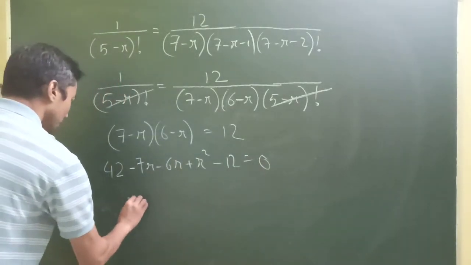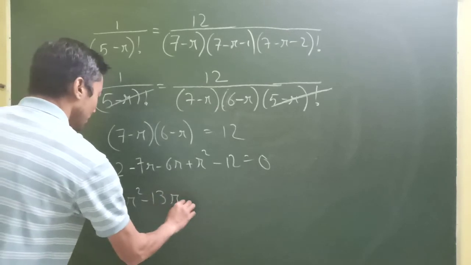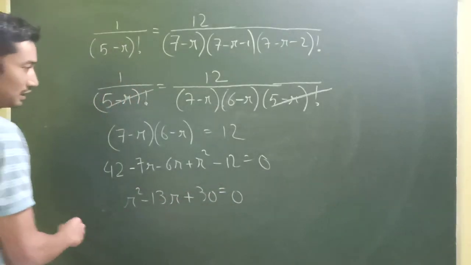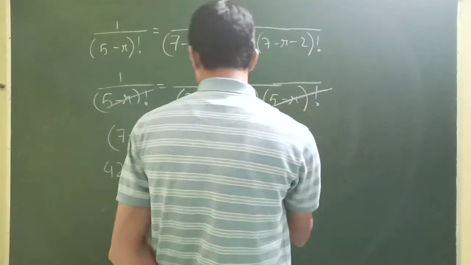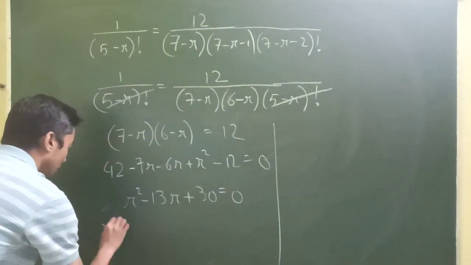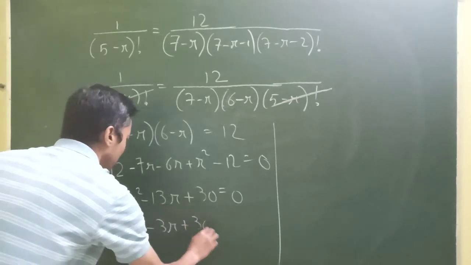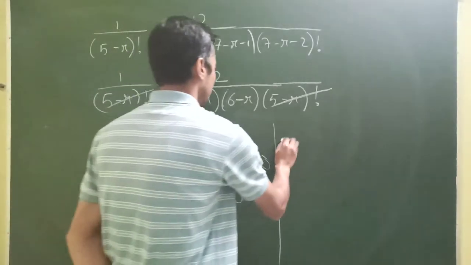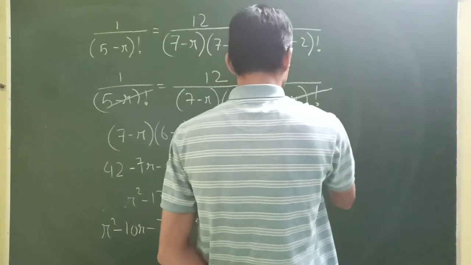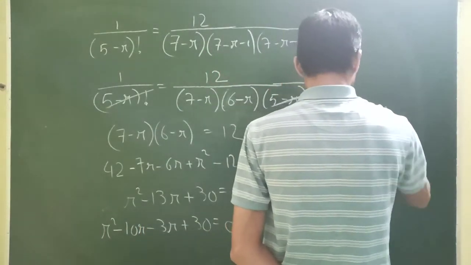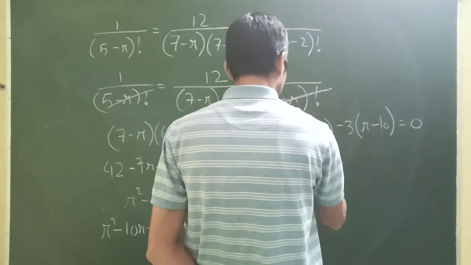So that's going to be R square minus 13R plus 30 is equal to 0. And that's going to be R square minus 10R minus 3R plus 30 is equal to 0. R(R minus 10) minus 3(R minus 10) equal to 0.